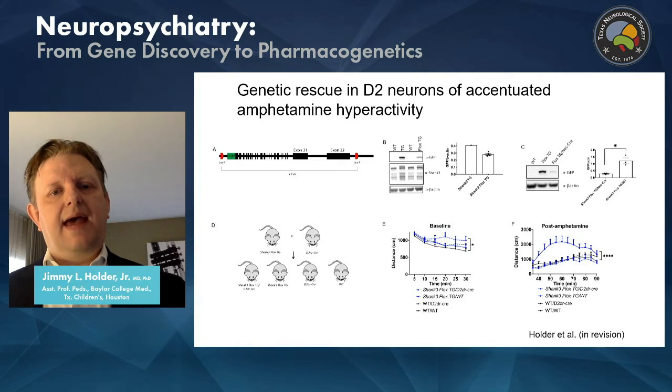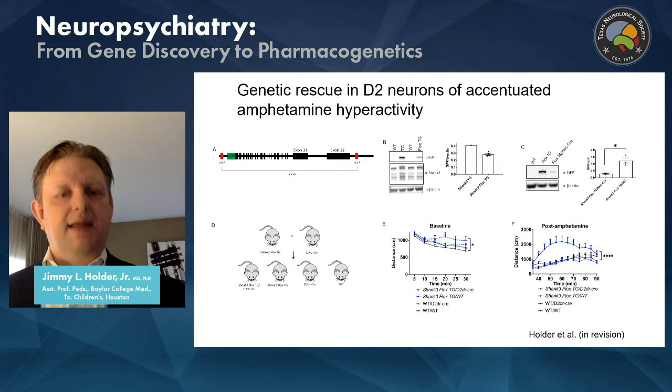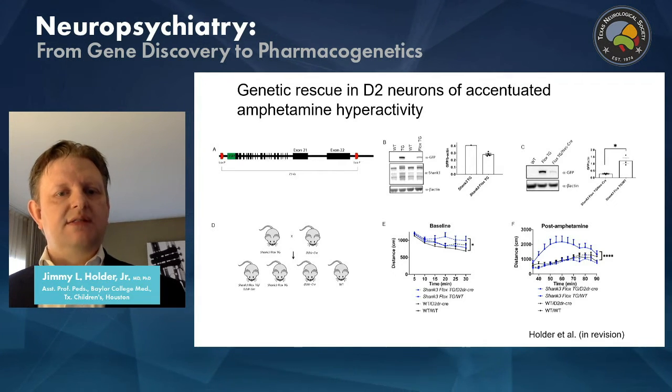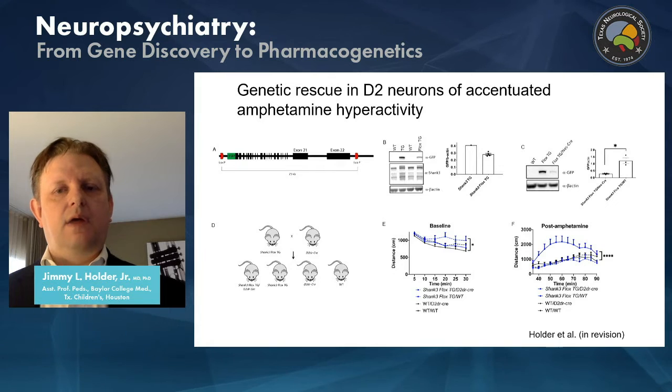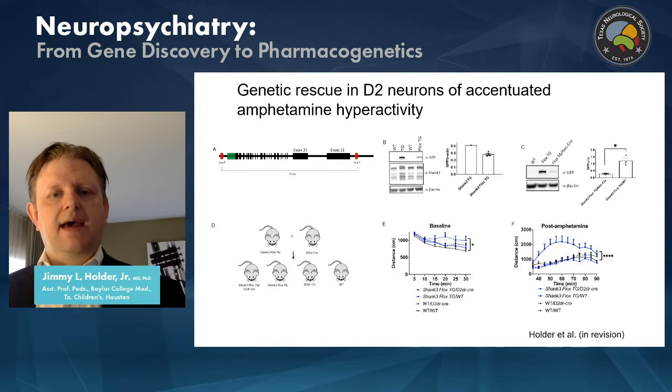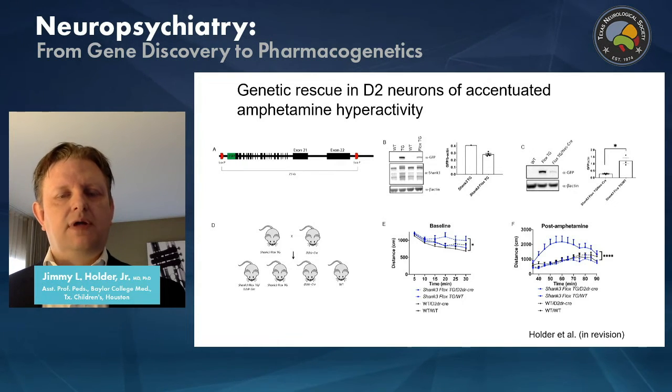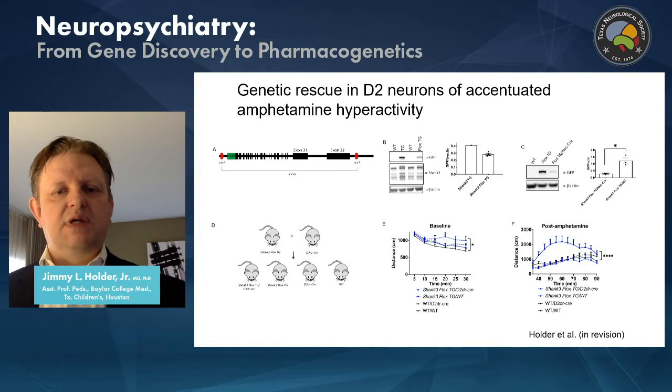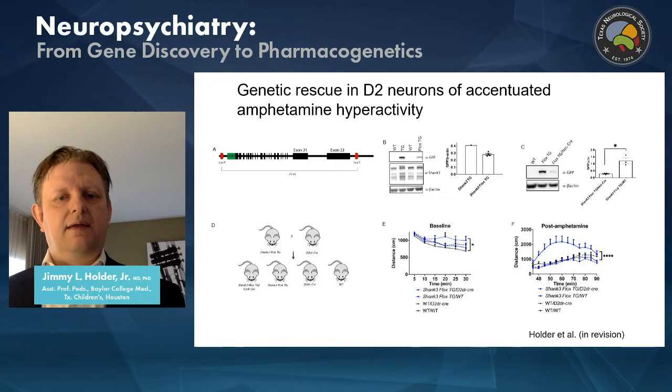So next, we wanted to ask whether we could use a genetic paradigm to specifically rescue Shank3 overexpression in D2 neurons and rescue phenotypes associated with Shank3 overexpression. To do this, we used some standard mouse genetics, which is the Cre-LoxP system. You've heard a bit about that before.